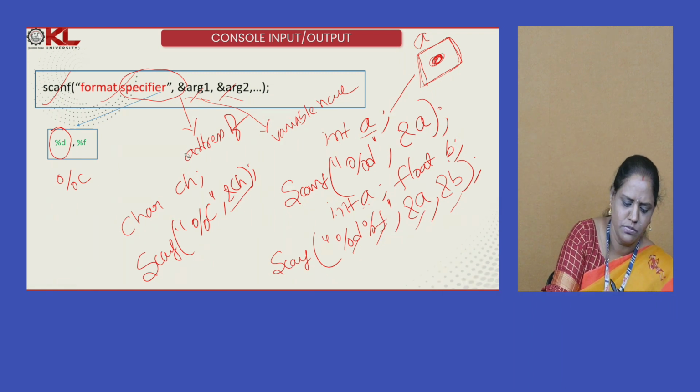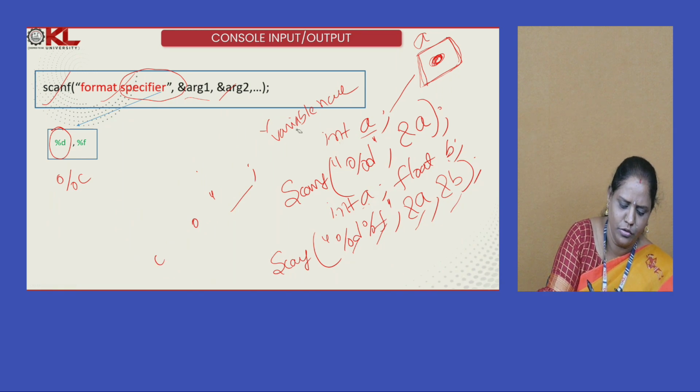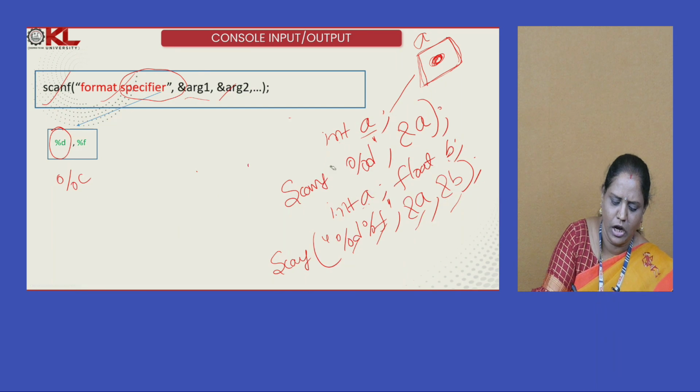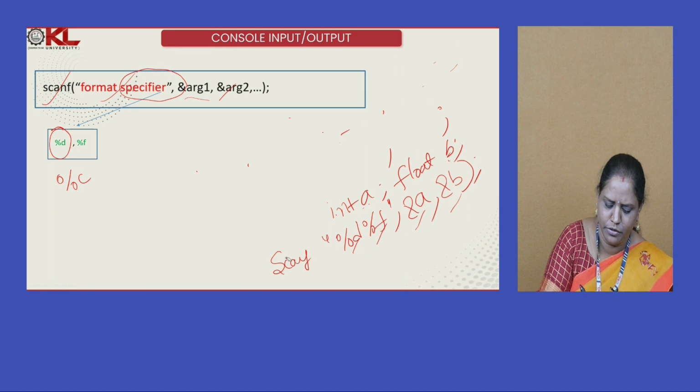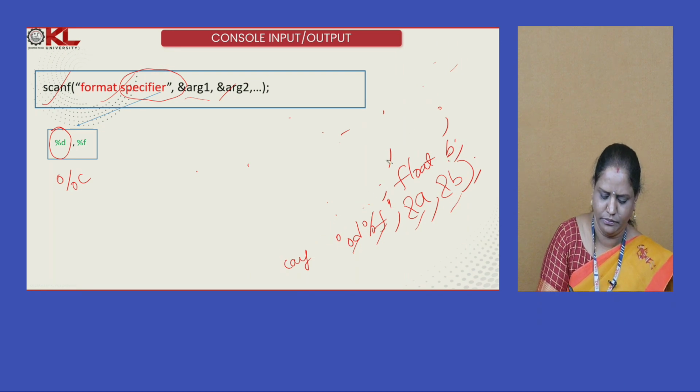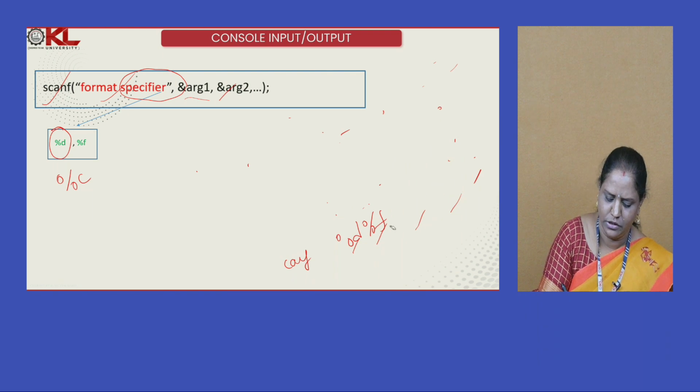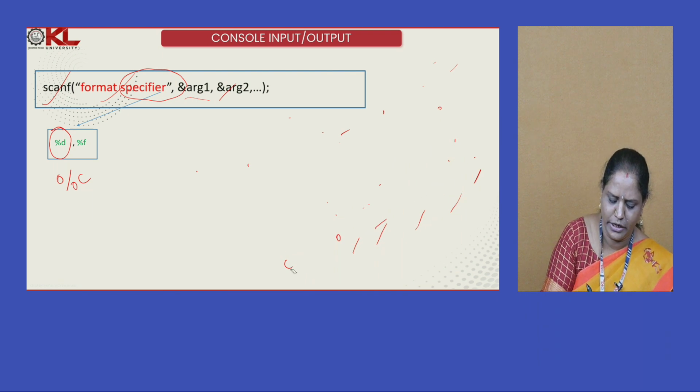I'll write a small program where I'll do both input and output operations. We'll declare one small variable, take input for that variable, and print that output on the screen using these two input and output functions.